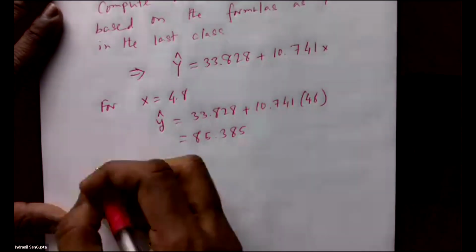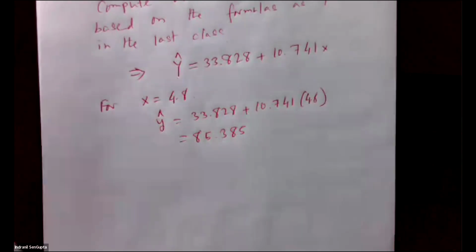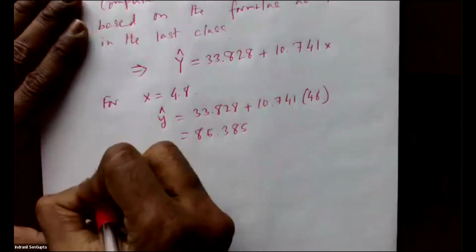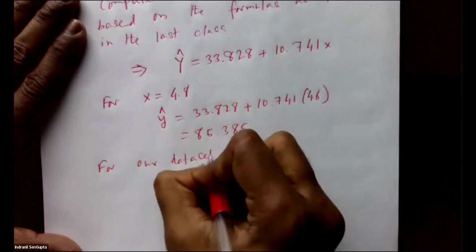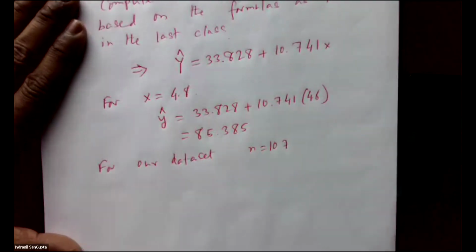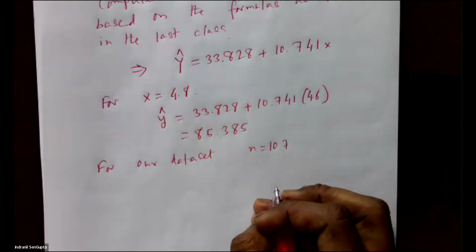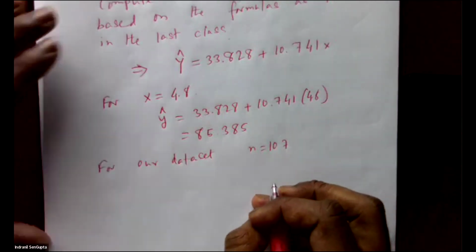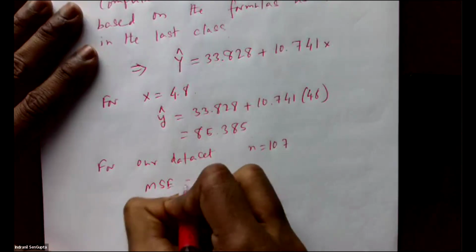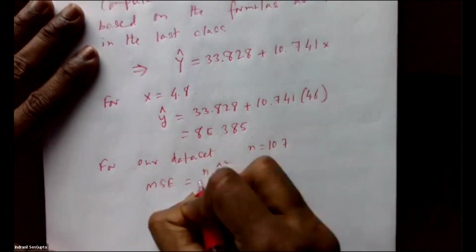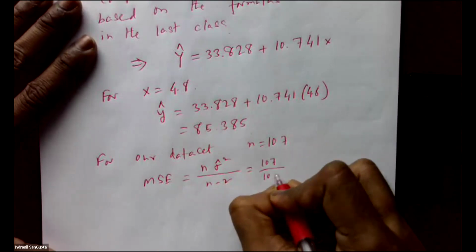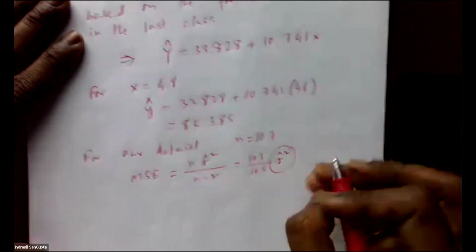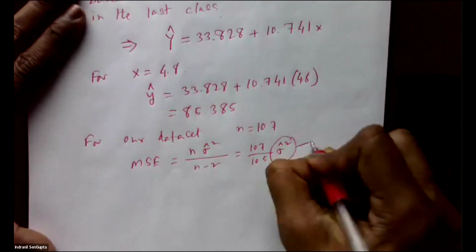In our data set, what is n? For our data set, n equals 107. So I can compute that MSE, which is n sigma hat squared over n minus 2. It's basically 107 over 105 times sigma hat squared. And this is something we provided an expression for last class.